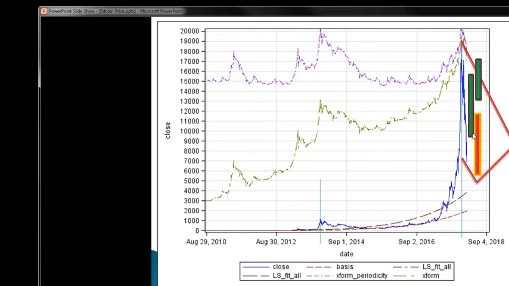So if you want to sell it, you can sell it here, you can sell it here. Maybe it's not even going up to here, who knows? It's all about probability.